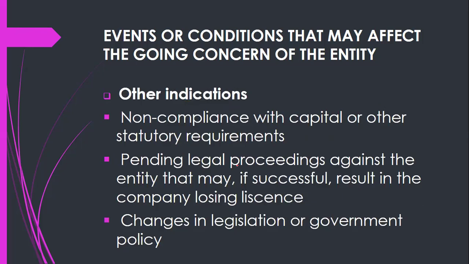Then the other indicators include non-compliance with capital or other statutory regulations or requirements. Then there are pending legal procedures against the entity that may, if necessary, result in the company losing its license. Then changes in legislation or government policy. Other indicators can also include technological changes. I'll give the example of Nokia or BlackBerry.